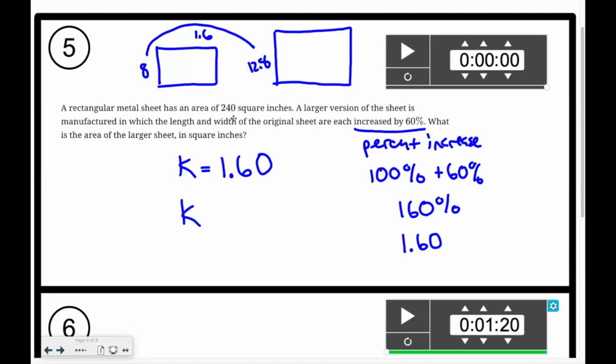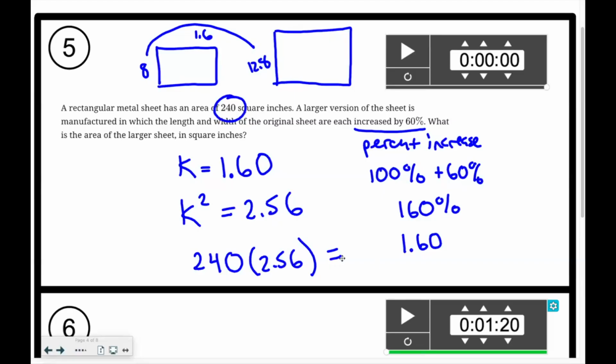Well, if I want to know what happened to the area, I want to find my scale factor squared. So I want to do 1.6 squared, which is 2.56. So therefore, that's what my area gets multiplied by. So the final answer is the area that we had times 2.56.